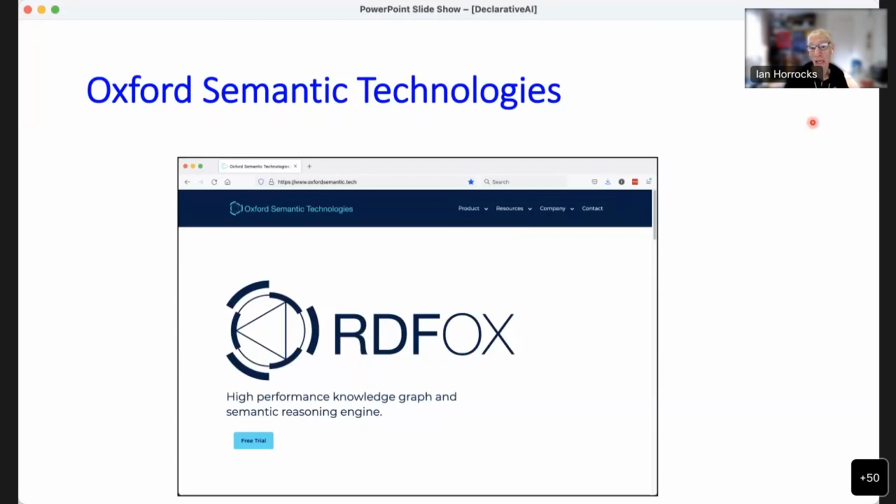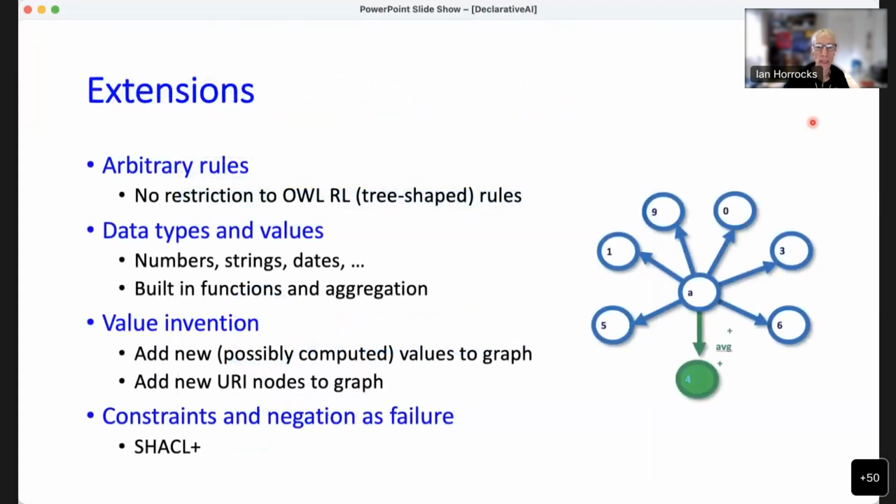Partly the problem is lack of support, and partly the problem is lack of infrastructure. And so we decided to found this spin-out company, Oxford Semantic Technologies, to develop a commercial version of RDFox and see if we could really deploy that in industry.